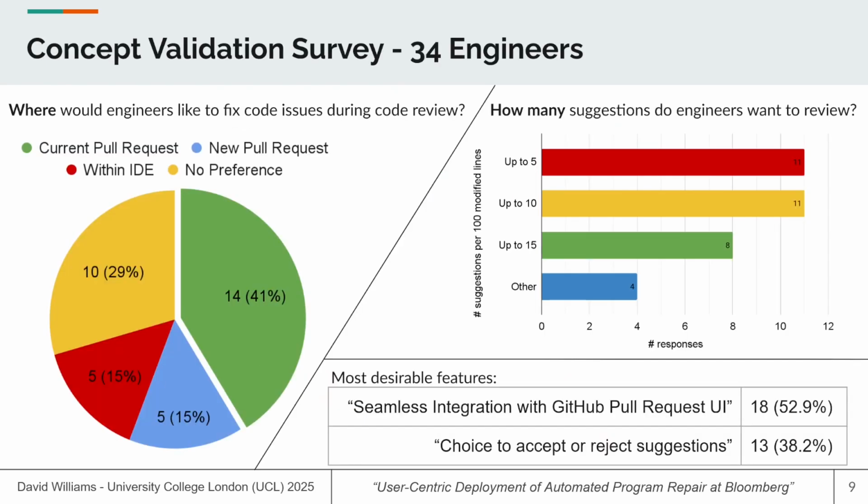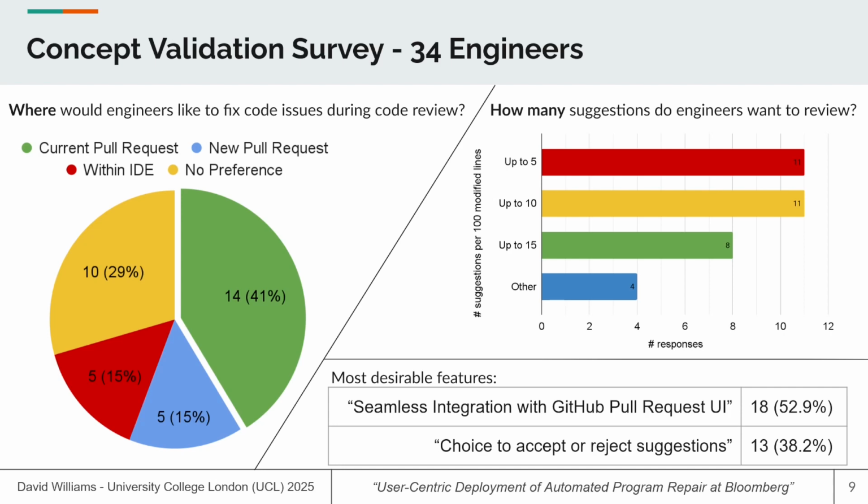Once we had finalized our concept for BAssist, we decided to present this to engineers through a survey to gather the initial thoughts of how willing they would be to adopt this in their workflows and to what extent. From the pie chart on the left, we can see that over 40% of respondents stated the current pull request would be their favored place to fix issues during code reviews, with another 29% suggesting they wouldn't mind adopting this format either.